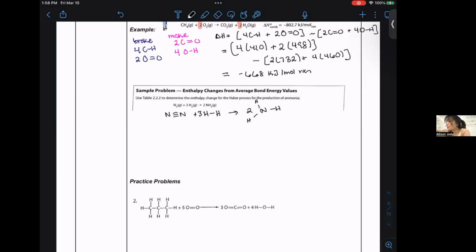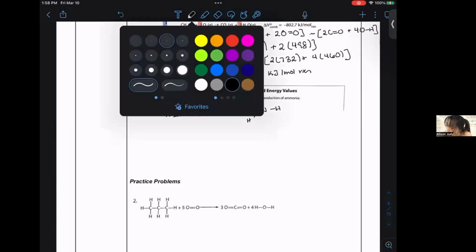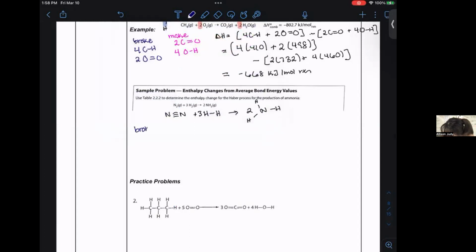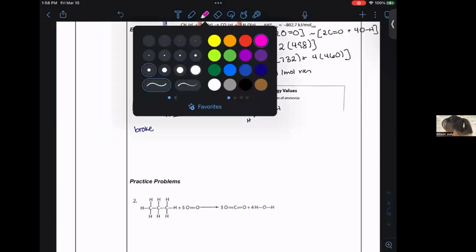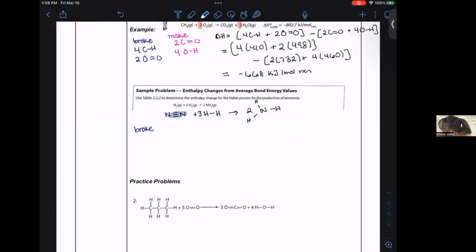And I'm ignoring lone pairs because they don't matter for this. So bonds broken: I break a triple bonded N, and I break 3 H single bonds. So 1 triple bonded N and 3 H single bonds.